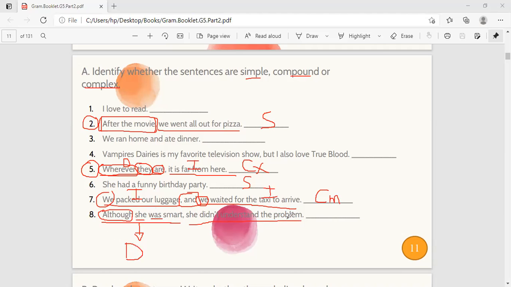She didn't understand the problem. Subject, verb, complete predicate, and a complete idea. It makes an independent clause. So a dependent and independent clause together with a subordinating conjunction. What do we consider this sentence? Complex. You have to check the sentences carefully before you give the type. Okay? So, guys, is it clear?